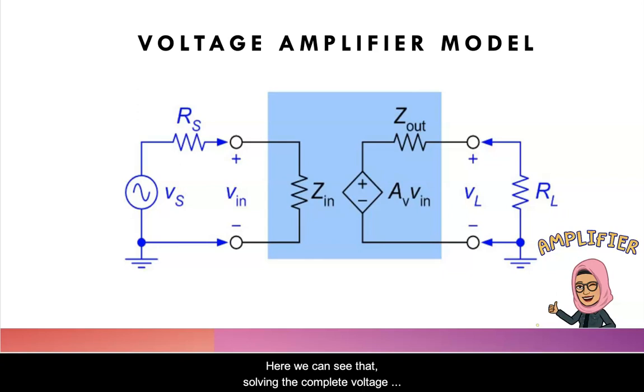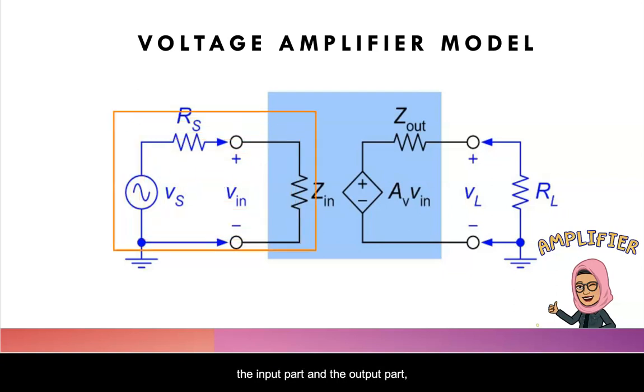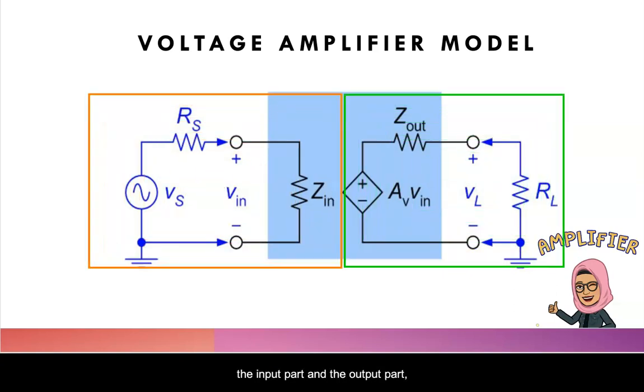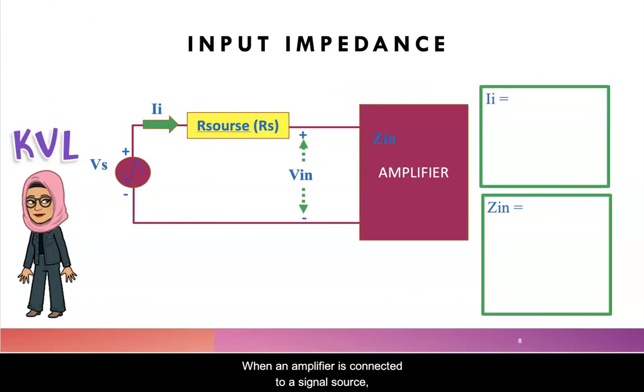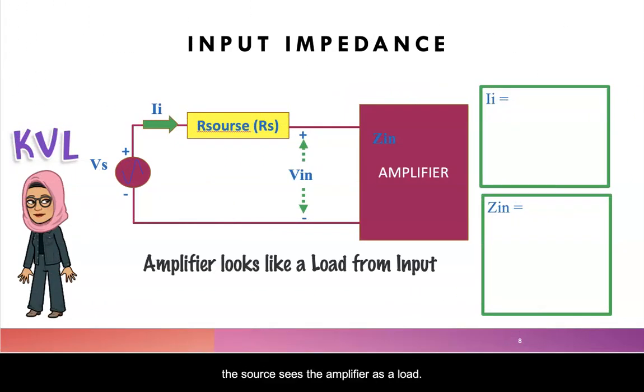Here we can see that solving the complete voltage amplifier circuit can be divided into two parts, the input part and the output part, each representing a completely separate circuit at the input and output. When an amplifier is connected to a signal source, the source sees the amplifier as a load. Hence, the input impedance Z-in of the amplifier is the value of this load.